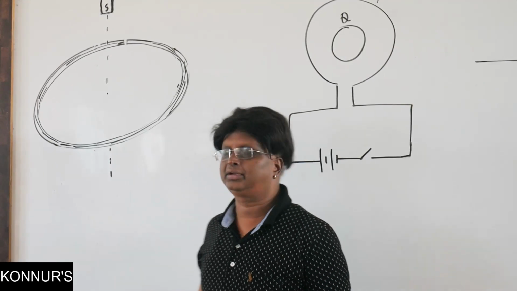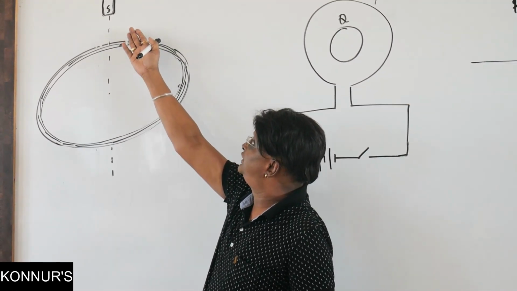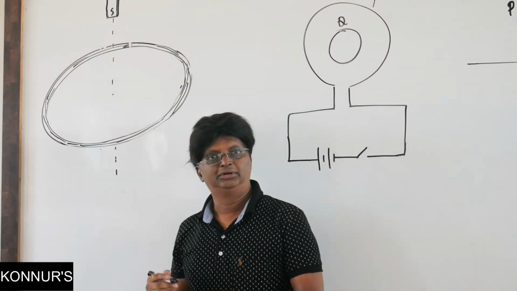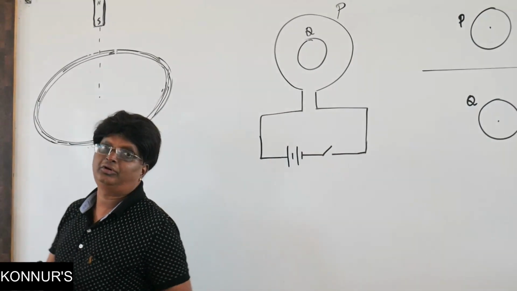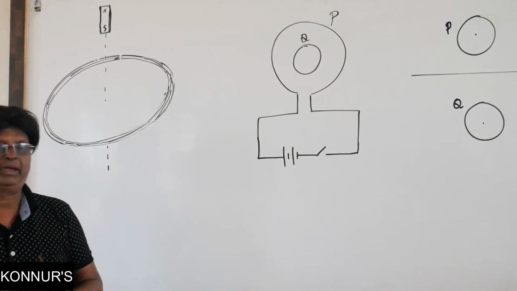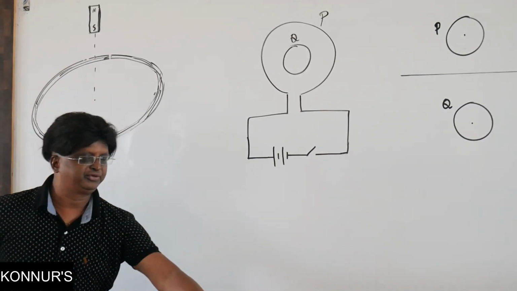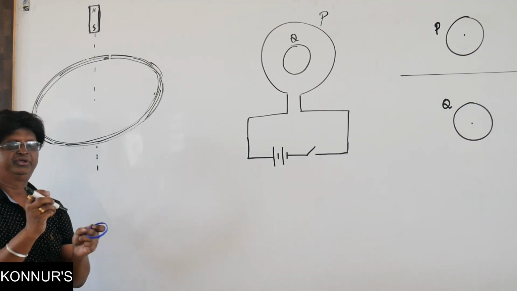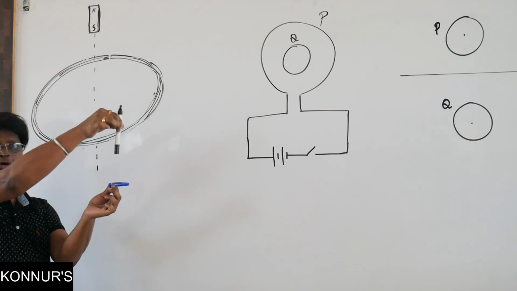First one, what type of motion do you expect for the magnet, and what type of EMF or current do we expect for this fall? Now, as I have told you, this is held like this. Supposing this one is the north pole facing the coil, and it starts falling.